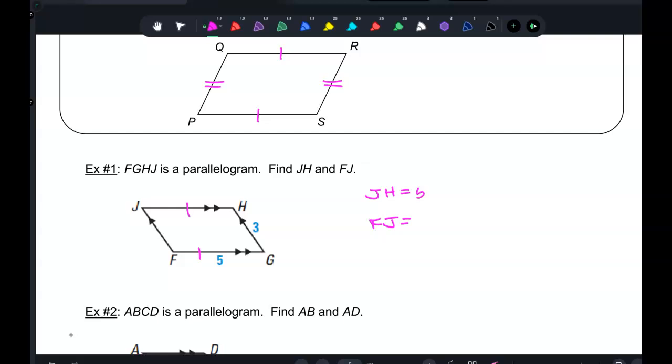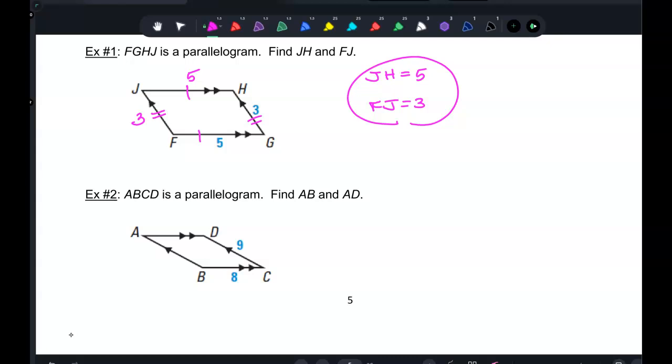So this one has to be 5. And HG has to be the same as this one. So these 2 are 3. No work to do. So it's literally just matching up. The opposite sides have to be the same. Good?